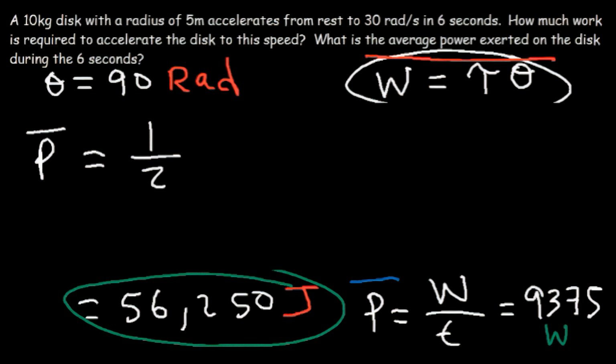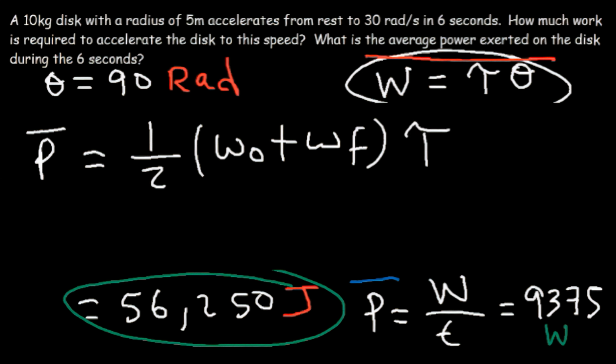So it's going to be 1/2 the initial plus the final angular speed, which represents the average angular speed, multiplied by the torque. Because the acceleration is constant, the disk accelerated at a constant rate, the torque is constant. But because the angular speed changes, we need to find the average angular speed.